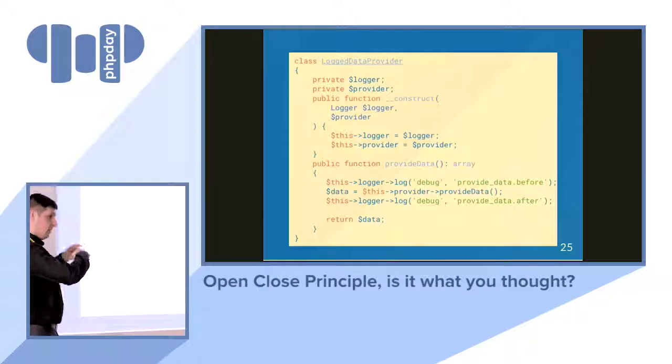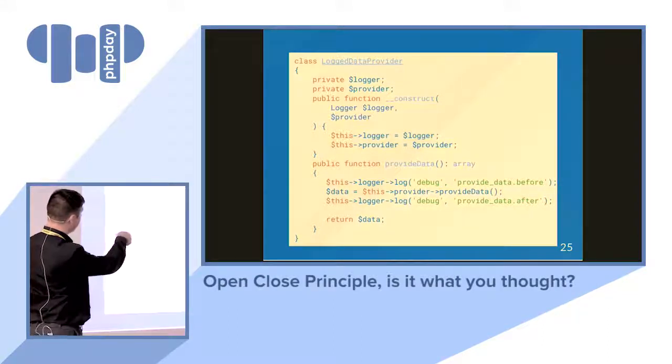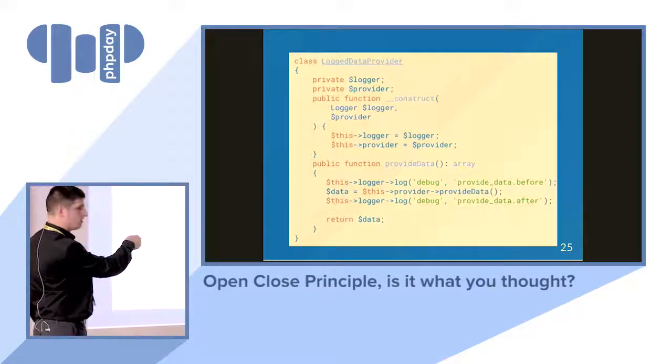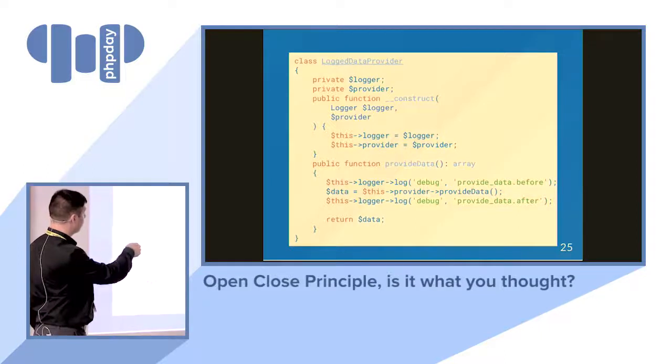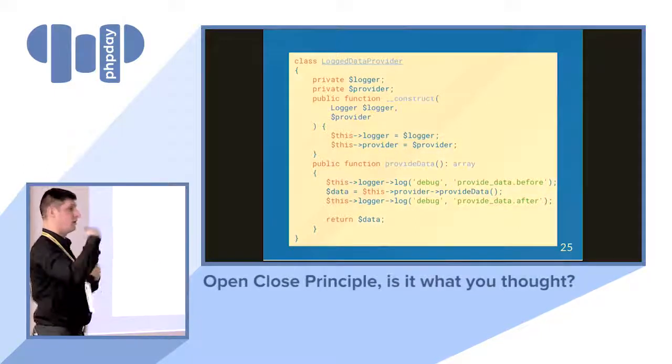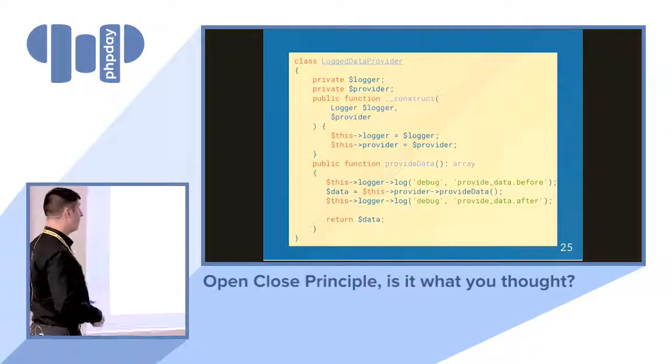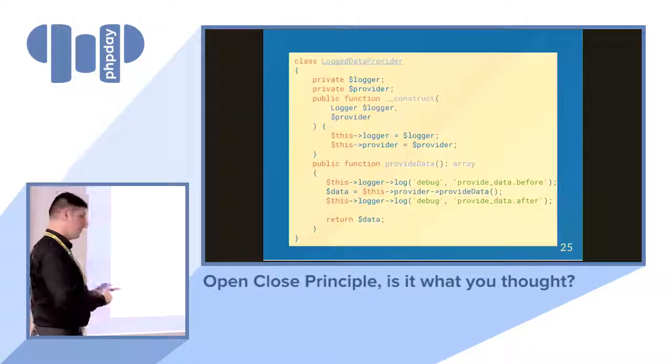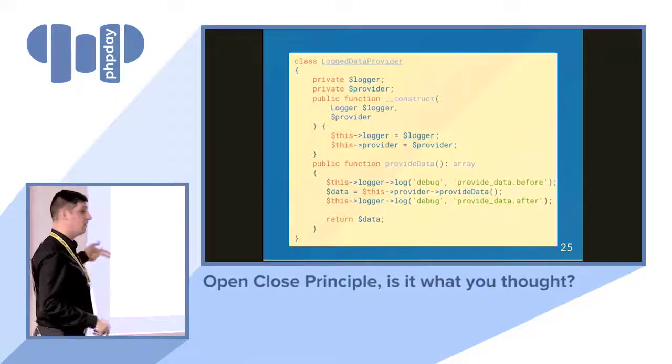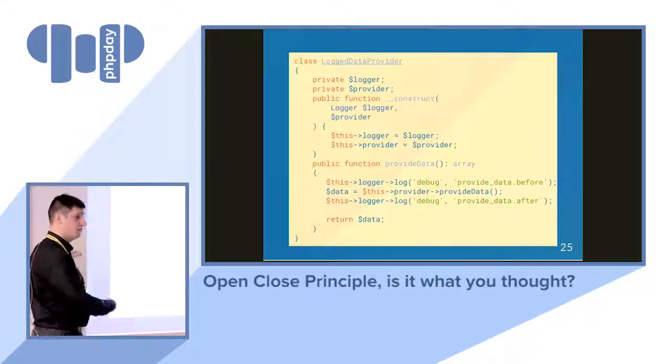Now instead of inheriting, we're composing, so we're injecting here the object we want. The provider in this case is the data provider, or it might be the log data provider, or some other cache data provider, or whatever you want. In fact, as long as it supports the same methods.